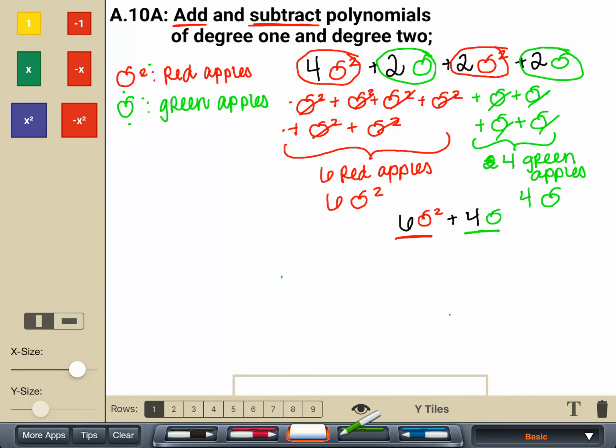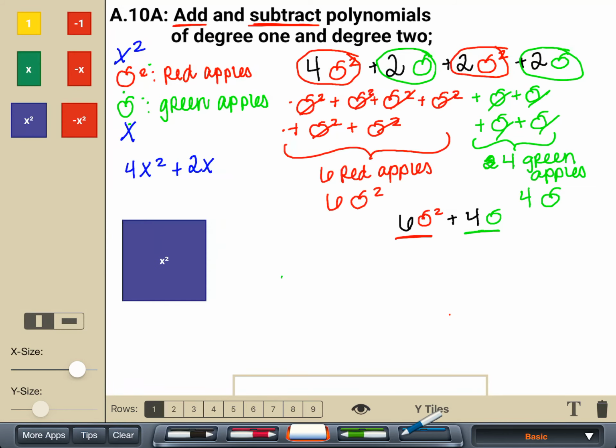So let's describe this again, but using algebra tiles this time. So instead of apple squared, I want to use x squared, and instead of apple, I want to use x. We'll use the same numbers to start with. Whenever we first started, we had 4 apple squared plus 2 apple. So let's do 4x squared plus 2x.